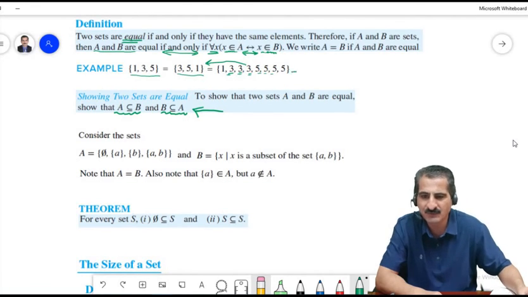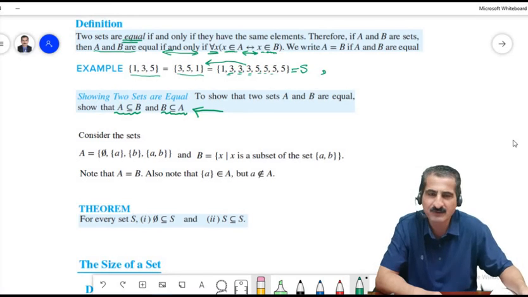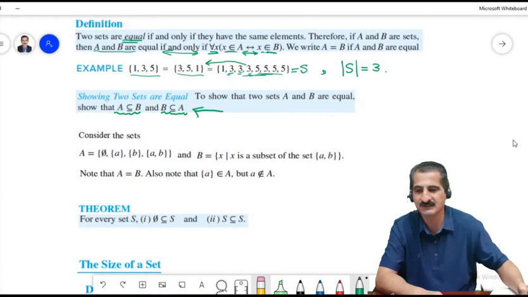If we call this set S, we will write in a little while that the number of distinct elements, which we will call cardinality, consists of only 3 elements. So this repetition did not increase the cardinality.